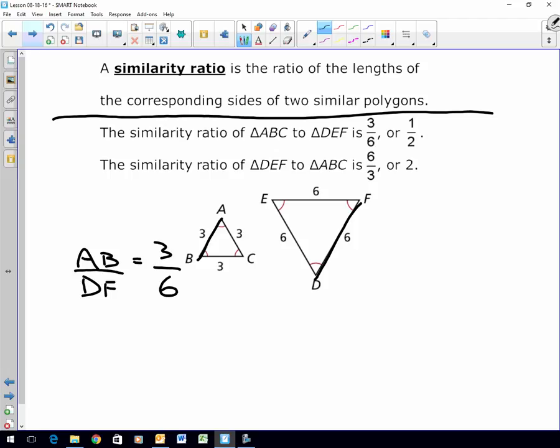The side length of B to F is 6. Look how B to C is 3, and F to E is 6. And then look at the other, A to C over E to D.